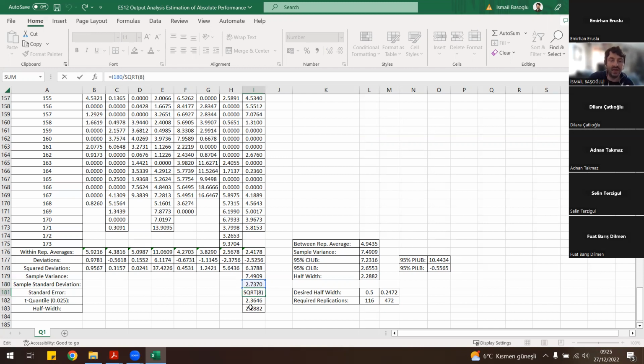And when you multiply it with the t quantile, which is obtained by the inverse CDF of the t distribution at 0.975 cumulative probability with 7 degrees of freedom, you can calculate the t quantile without looking at the t table by using Excel, and the half width is obtained in a similar fashion here.